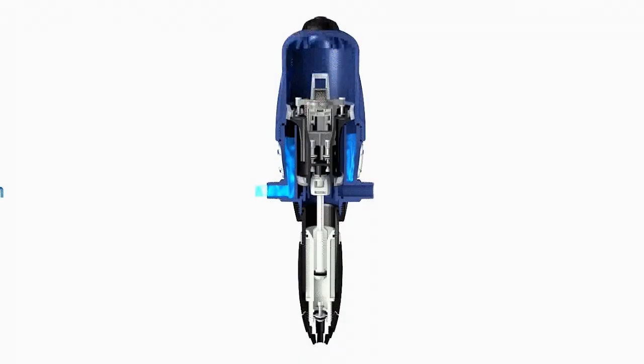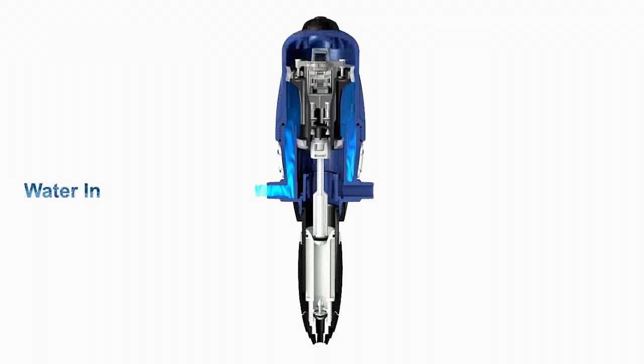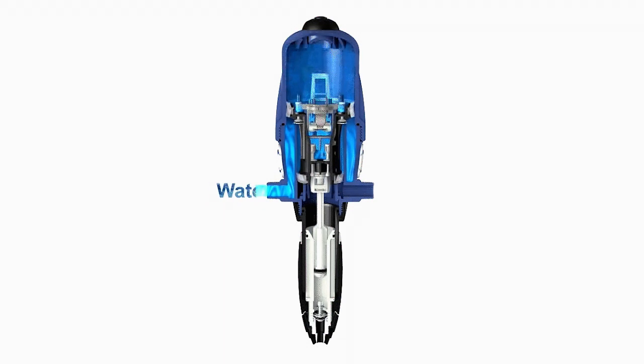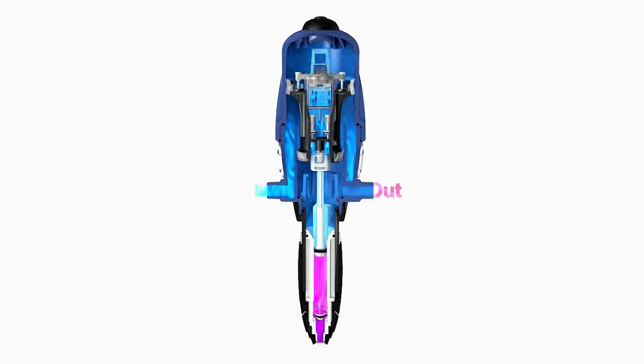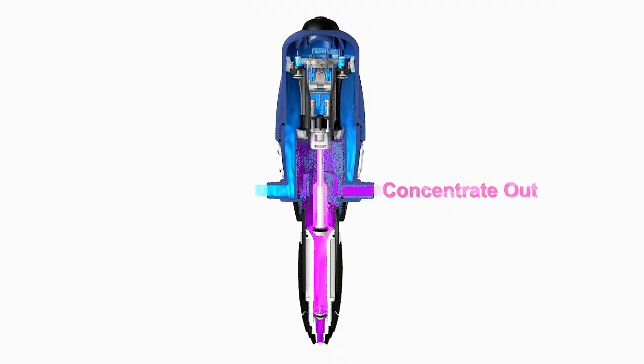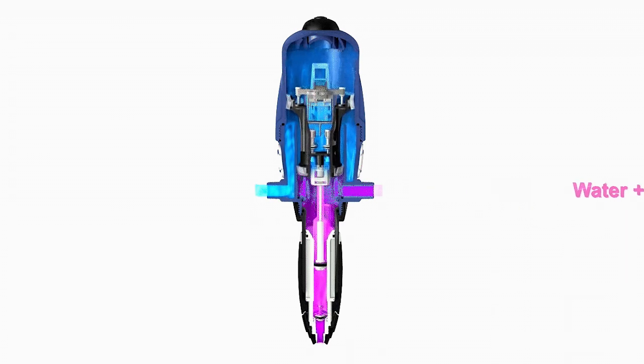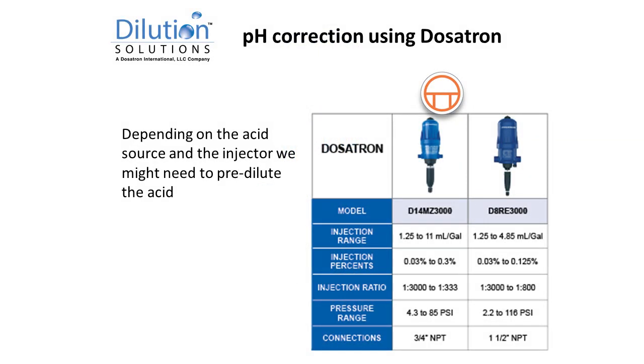The other option is if you want to pre-dilute your acid and repurpose a Dosatron injector that you might already have. In that case, we need to be conscious that the minimum dose we can do with our regular Dosatron injectors is about 1.25 mL per gallon. Therefore, we need to do a good calculation and see what the pre-dilution should be in order to get the target pH.